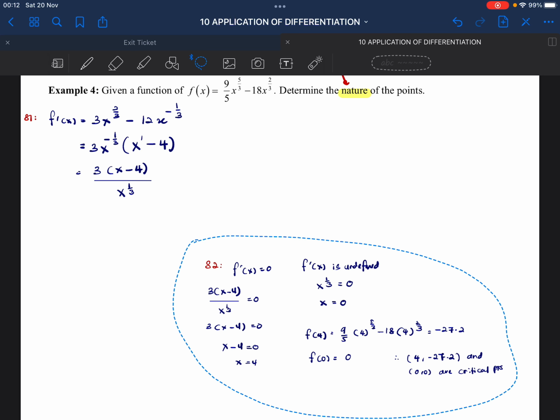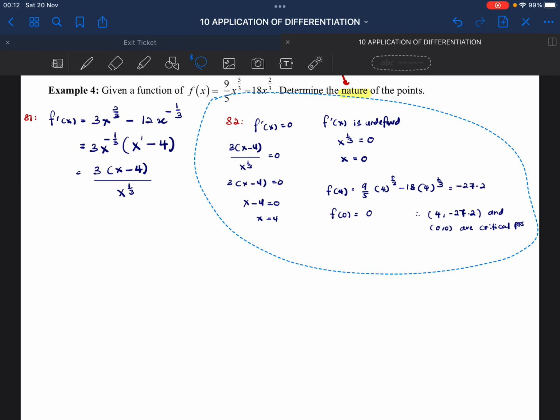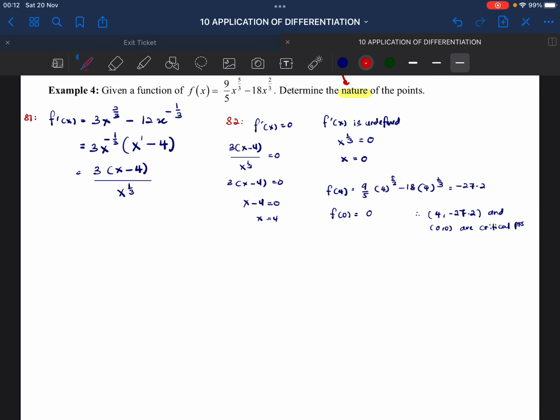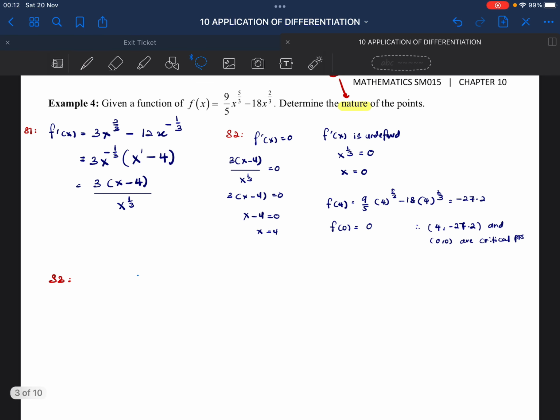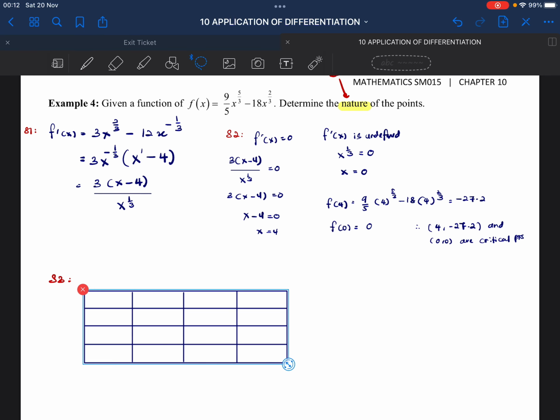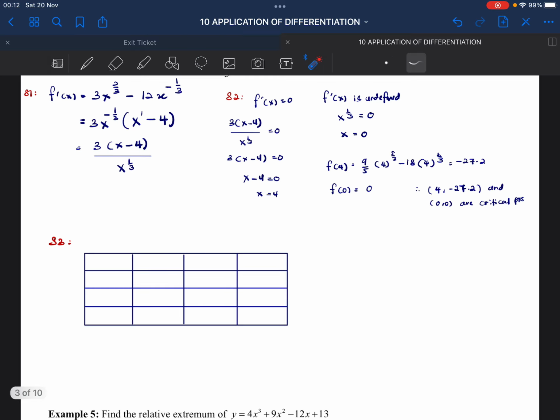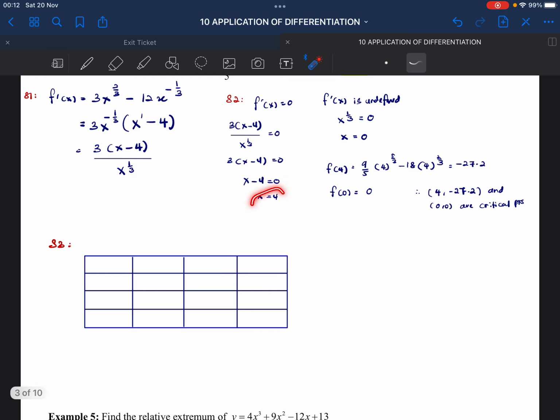And then we are going to move into our third step, which is to use the first derivative table. So here we are going to use the table. We draw our table. So we have two values, 4 and 0. So as usual, the first thing is interval.